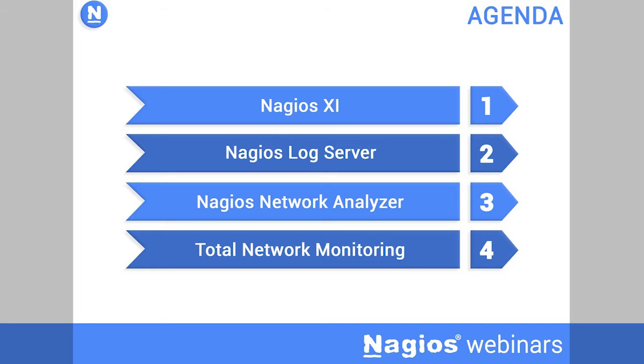Nagios Log Server is going to monitor logs and help us visualize that information, and both will help us alert on those events as well. And then Nagios Network Analyzer is going to help us monitor net flows, and that could be NetFlow, sFlow, jFlow, IPFIX, and then visualize and alert on all that information. And then we'll talk about tying all of those solutions together so that they create one cohesive network monitoring solution.